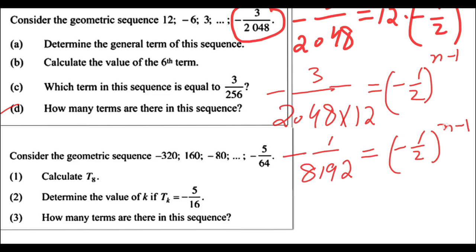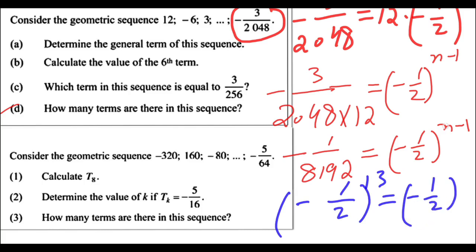You can use the calculator, make a little template, and change the power each time until you get the answer 8192. That will be your power. So negative 1 over 2 power 13 equals negative 1 over 2 power n minus 1.